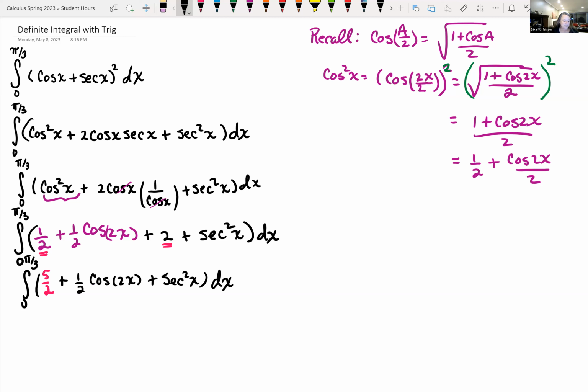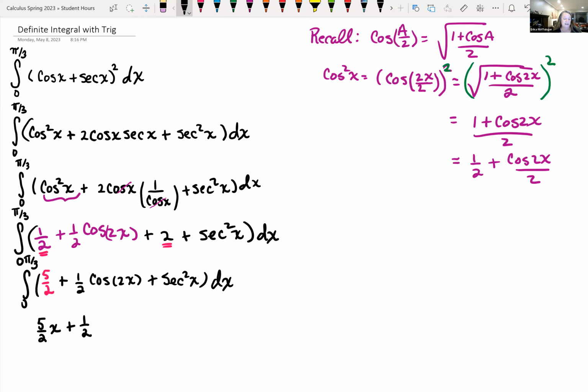So each term is in the form that I know how to find the antiderivative of. So let's go through and find the antiderivative of each piece, and then we're going to evaluate that from 0 to pi thirds. So the antiderivative of 5/2, so we're thinking backwards, what can I take the derivative of to get 5/2? Well, that would be 5/2 x.